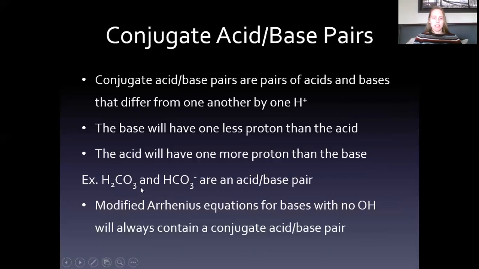So for instance, H2CO3 and HCO3 minus are a conjugate acid-base pair. The H2CO3 has an extra H compared to the HCO3 minus. So that makes the H2CO3 the conjugate acid and the HCO3 minus the conjugate base.